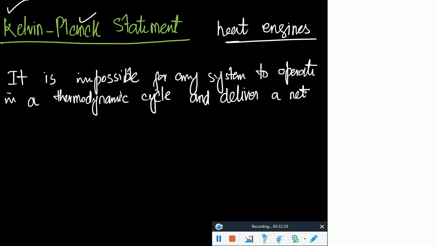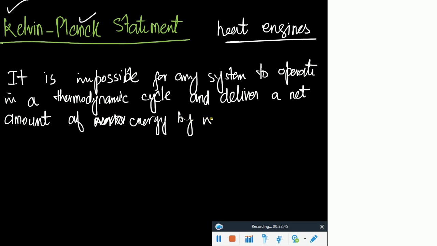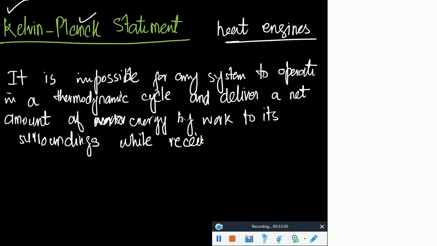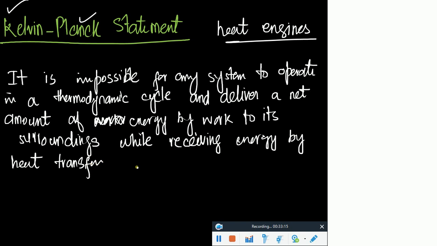And deliver a net amount of energy by work to its surroundings while receiving energy by heat transfer from a single thermal reservoir.